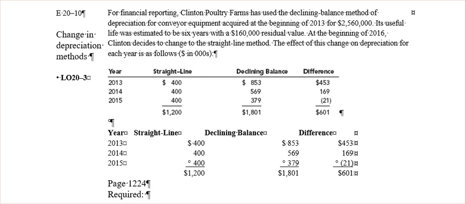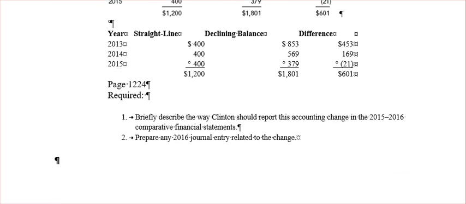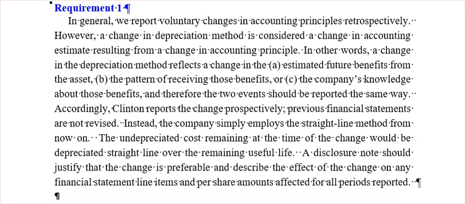So anything that has to do with that, whether it's a change in estimate or the change in the method, we are going to go forward. Voluntary changes in accounting principles are generally done retroactively. However, there are exceptions, and the change in depreciation method is considered a change in an estimate. So you handle it the same way as you would a change in estimate.